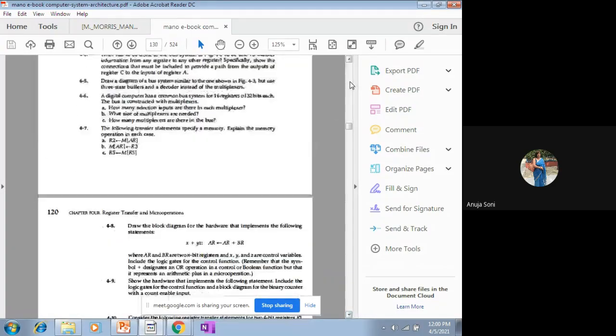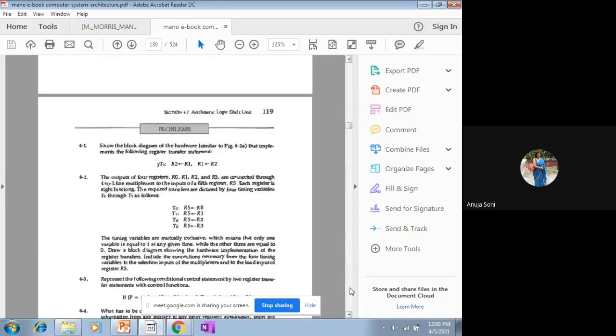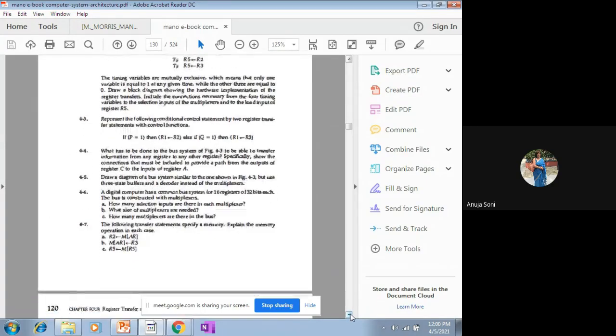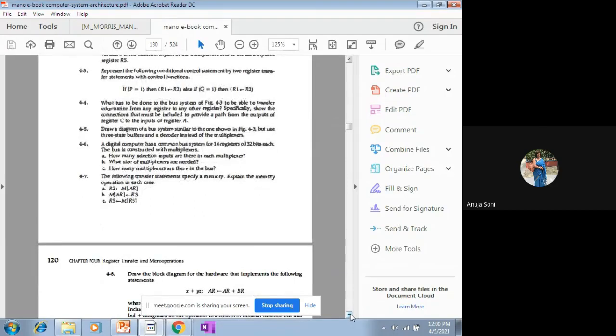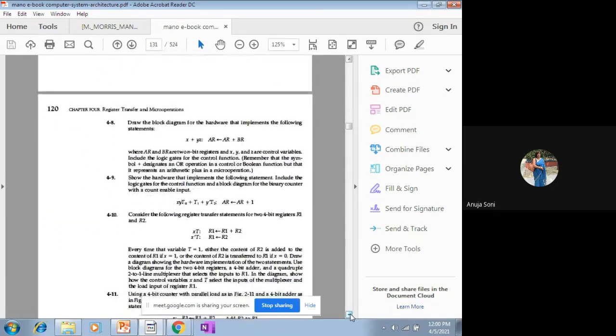Which questions I have discussed, I am repeating. You can note it down. See, these are the questions: question 4.1, question 4.2, question 4.3, and then afterwards we have discussed question 4.7, then question 4.8, 4.9.